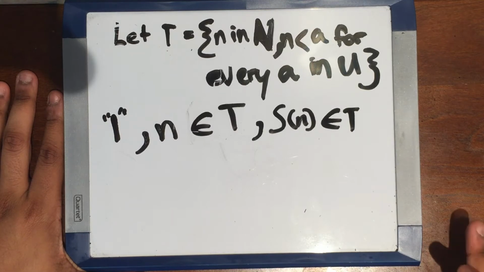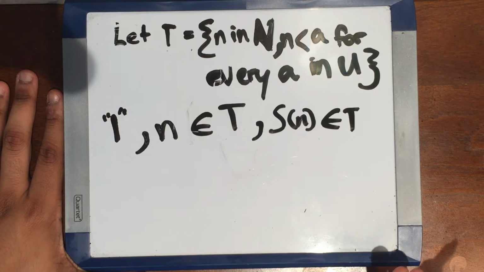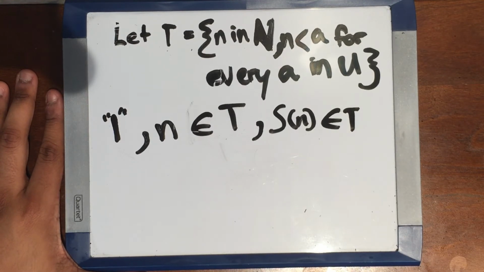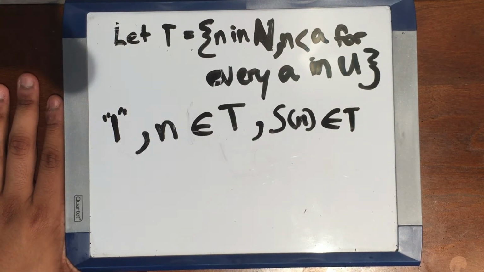So if it's not there, there would be an A in U with A less than or equal to S of N. And we cannot have A less than S of N because N is the immediate predecessor of S of N. And that would contradict our assumption about N being in T.